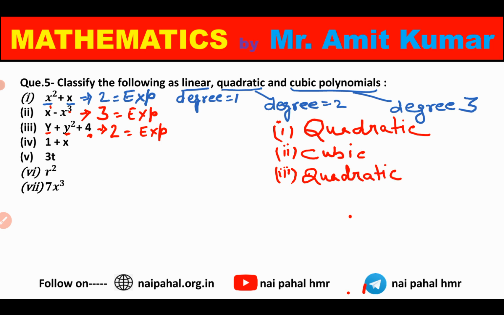Let's move on to the next question where we have 1 plus x. There is no literal in the first term and there is a literal with power 1. So we can write that the degree or the exponent is 1. If 1 is the exponent, then you know this is a linear polynomial.